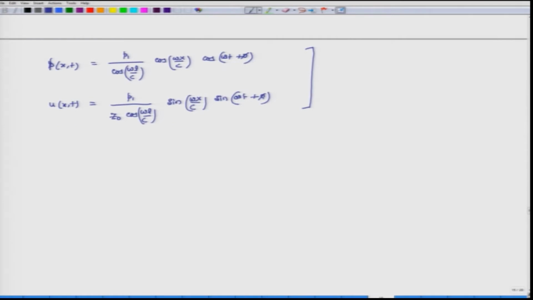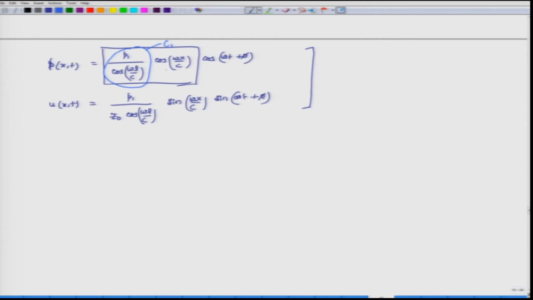Now, what we will do is, first we will make a plot and then we will explain what is the meaning of that plot. So, what we are going to plot is this term. Let us call this term in light blue some constant C1, because P1 is constant, omega is constant, L is constant, C is constant.